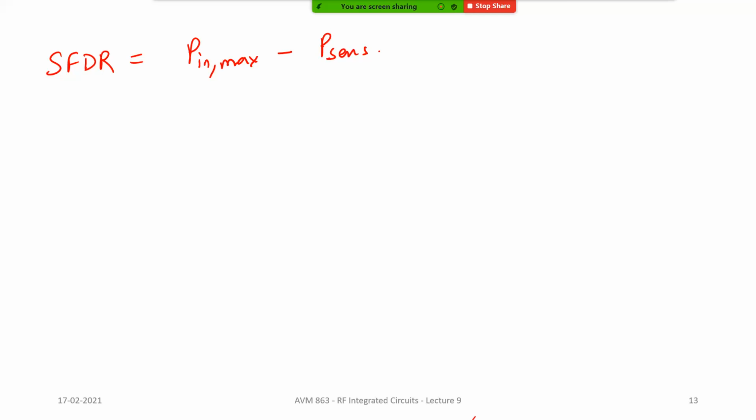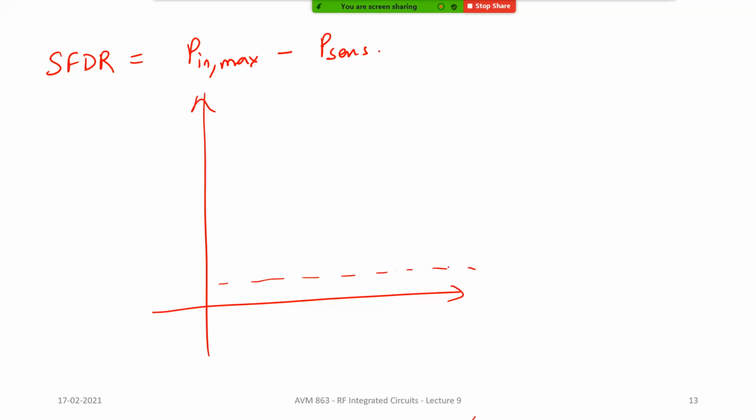In other words, if you look at the spectrum, the concept of spurious free dynamic range is to say that you have the receiver integrated noise, and you want the power in the intermodulation tones to be equal to your total receiver integrated noise.